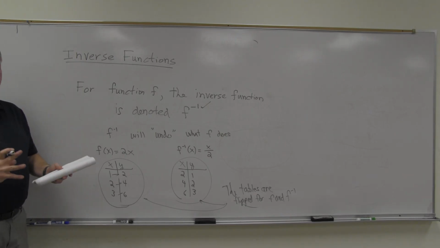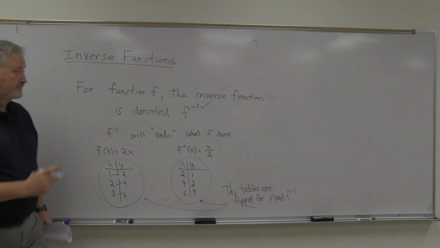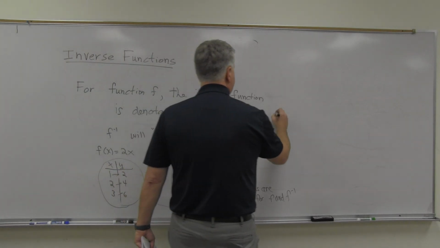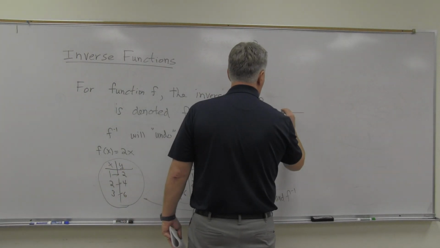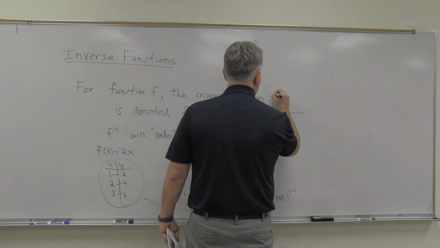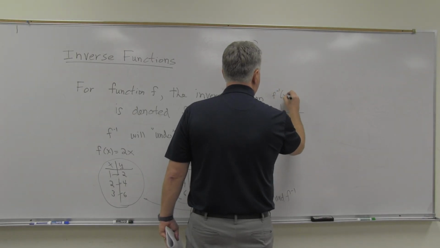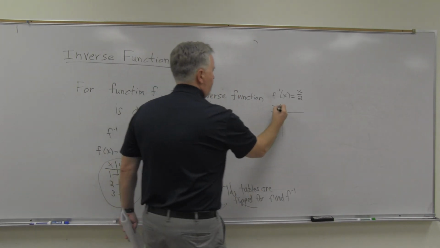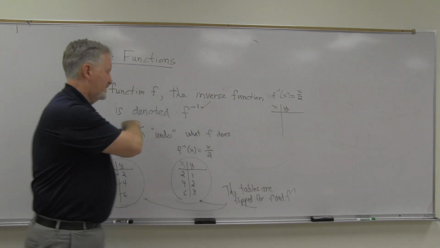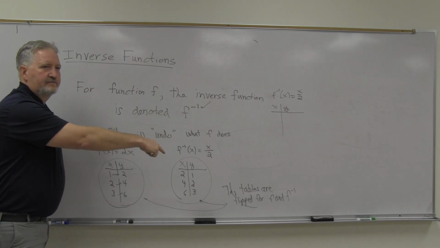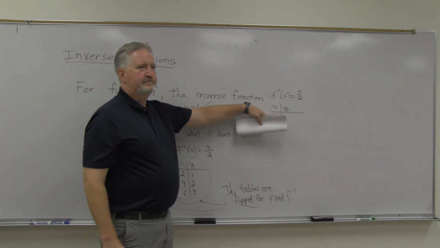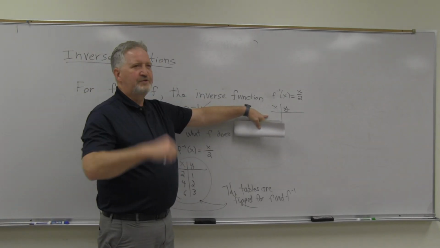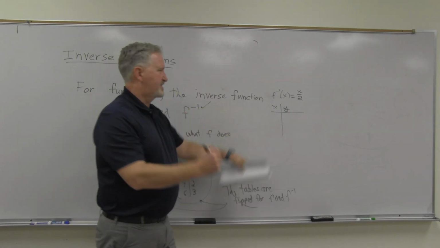Now, it also goes vice versa. This is another point here. Let's start with my inverse function. This one, we started with this table and went to this table. Let's start with this table. We'll just do one. Let's start with x is 8.